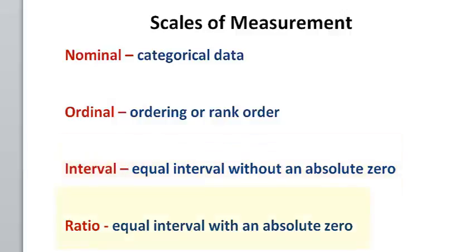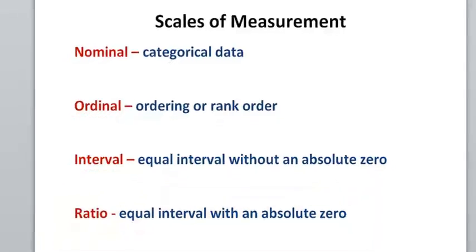In contrast, ratio data has equal intervals with an absolute 0. So a thermometer would have an absolute 0. Salaries, if we're dealing with salaries, then we're dealing with an absolute 0. So those are the scales of measurement.